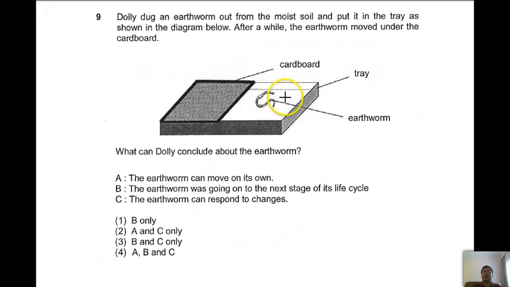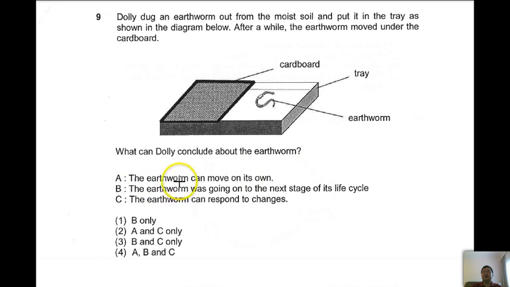Of course, this is no longer wet, it's dry and exposed to light. After a while, the worm moved under the cardboard. This is the cardboard. Obviously it's a dark place. The worm does not like the light, so it moved towards the shade, away from light. What can Dolly conclude about the earthworm?